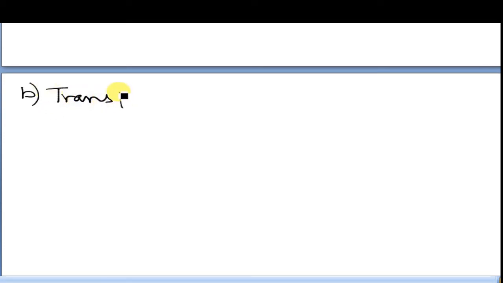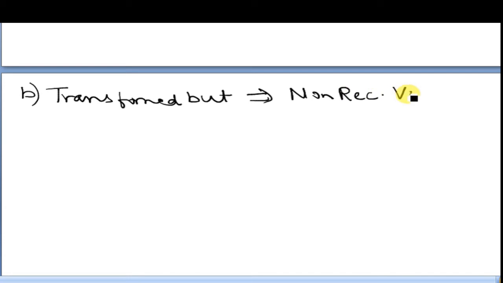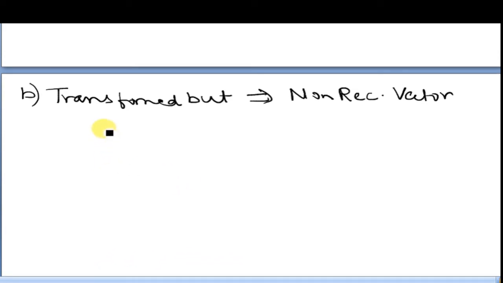Coming to the second one. Second one is transformed cells, but non-recombinant vector. So the cells have been transformed, but the vector is the non-recombinant one. Let us understand this. This is the E. coli cell.